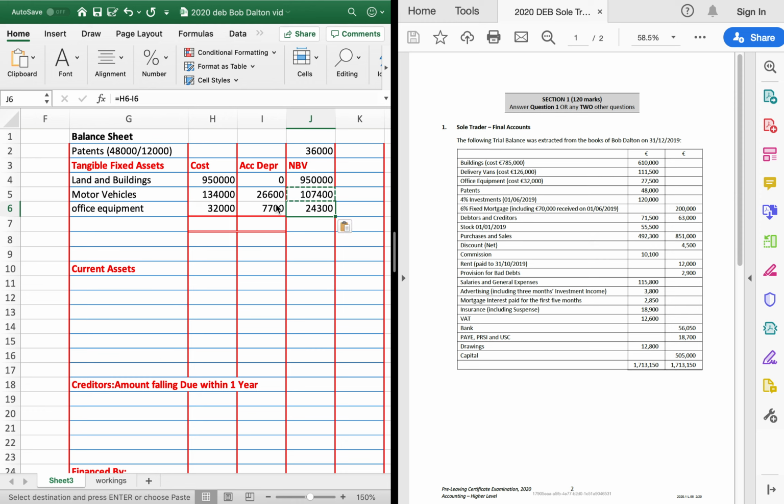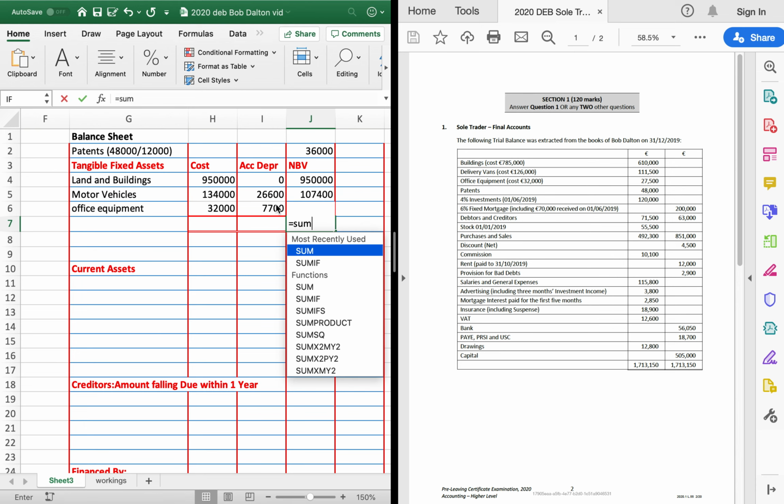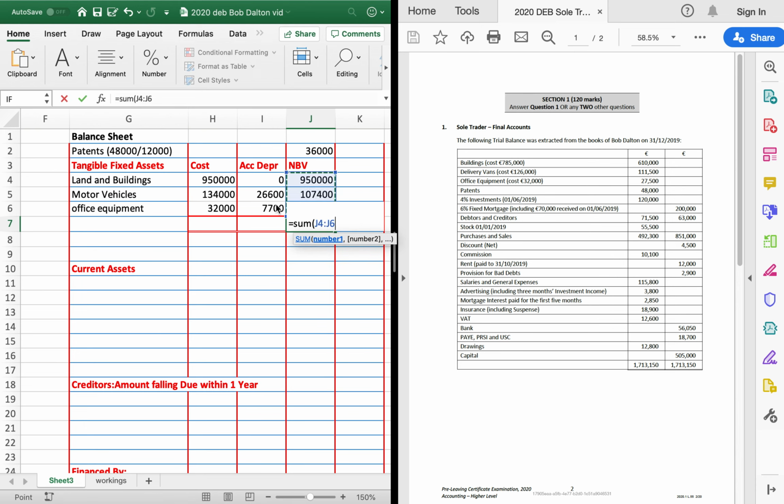Giving you 24.3 as the value. So we'll add those together. And then we put in our investments. 4% investments, 120. And then your fixed assets will be the 120 plus the 108,700 plus the 36,000. So 123,700.